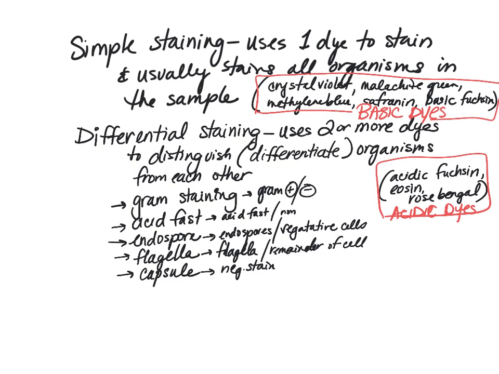Or we can stain both the individual cell and do a negative stain in the background. Then we end up with a kind of halo effect. We stain the cell here, and stain everything else in the background, and we end up with the capsule right around the cell, like a halo, versus over here in the negative stain, where we just have the dye around here.